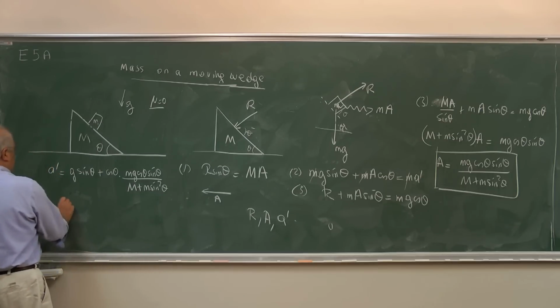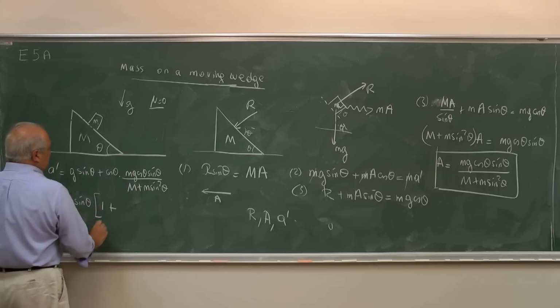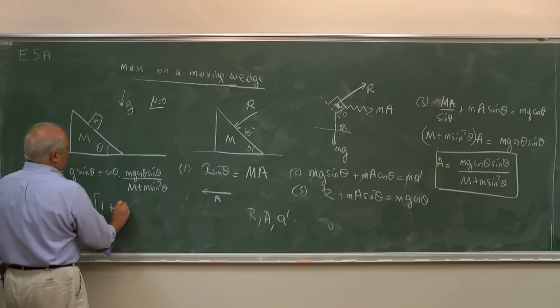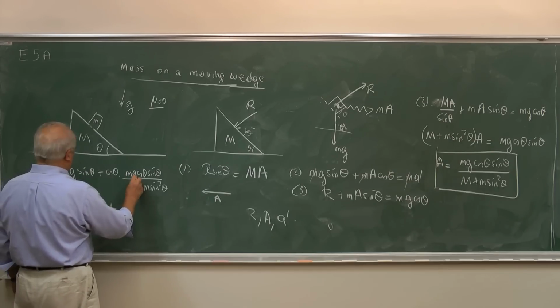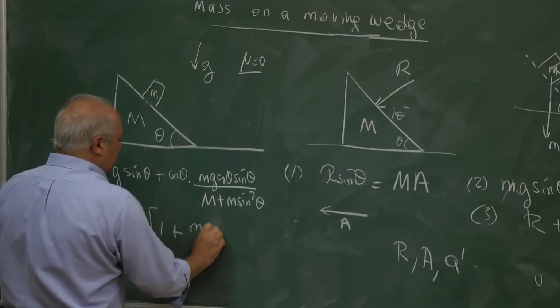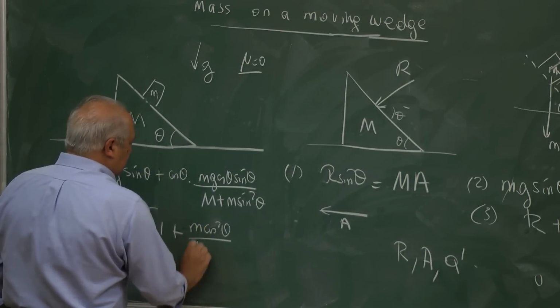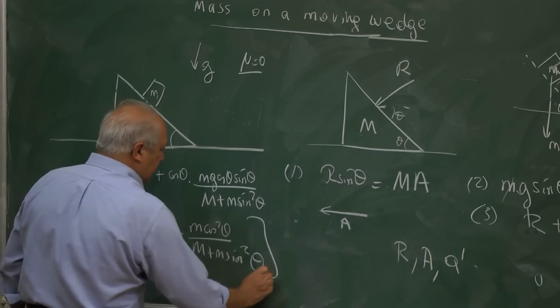So if you take g sine theta out, it is 1 plus m cosine square theta divided by m plus m sine square theta.